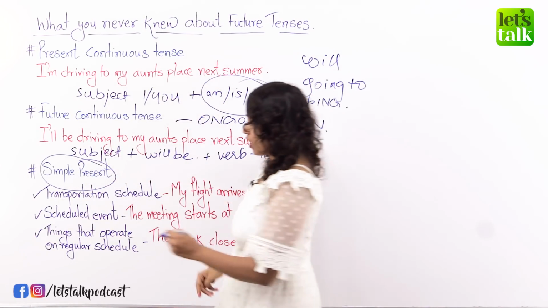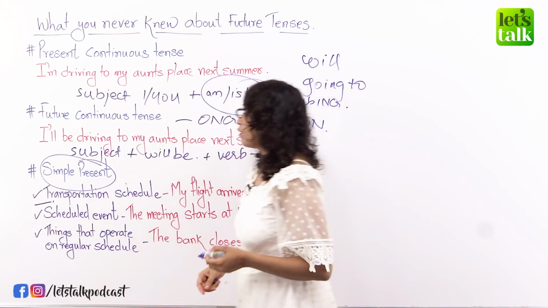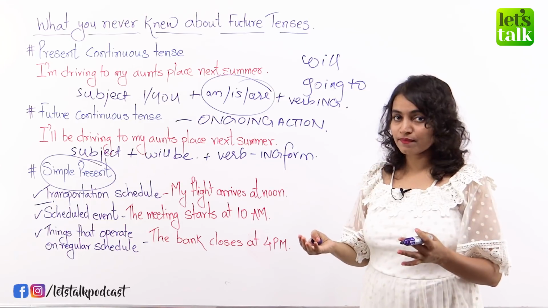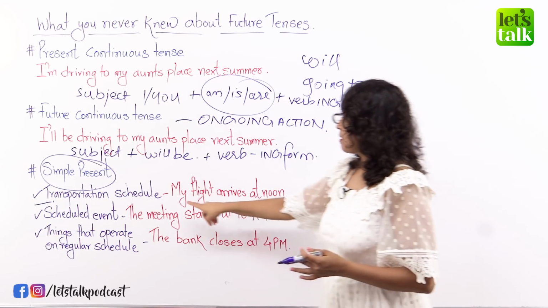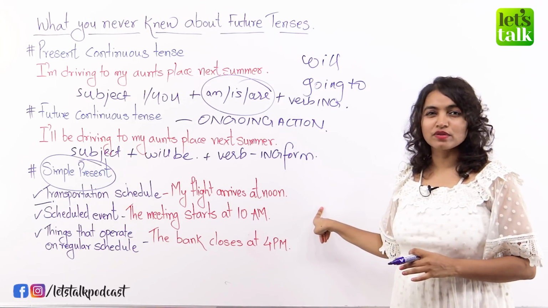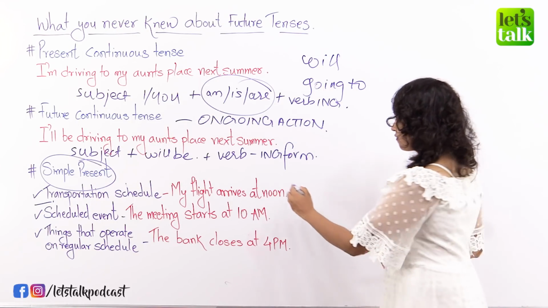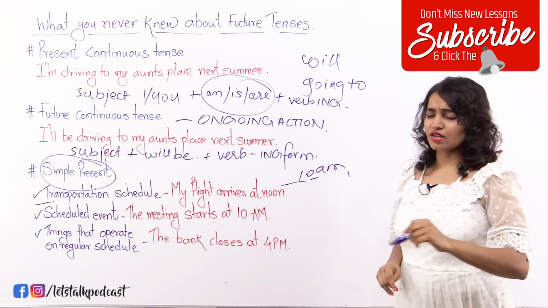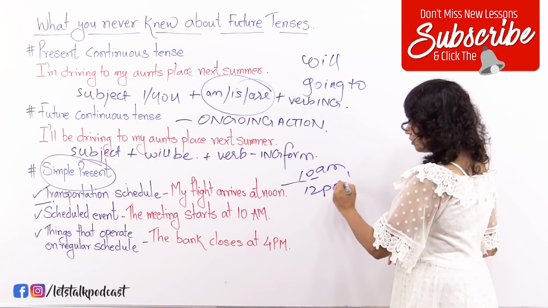Okay, number 1, it has to be a transportation schedule that you are describing. For example, my flight arrives at noon. Let's say it is around 10 o'clock in the morning. So I've gone to the airport at 10 a.m. But my flight's going to come around 12 p.m. at noon.